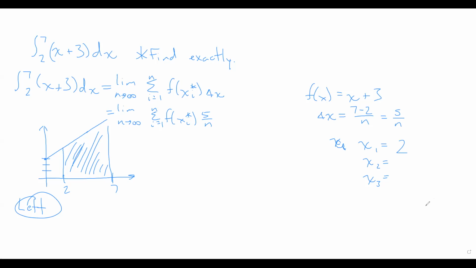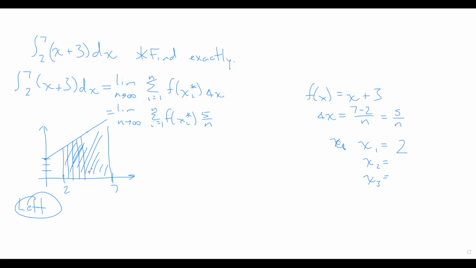Nope. You're going all the way across. So remember, we split up this 2 to 7 interval into all these pieces, right? So the first rectangle has its left side at 2.